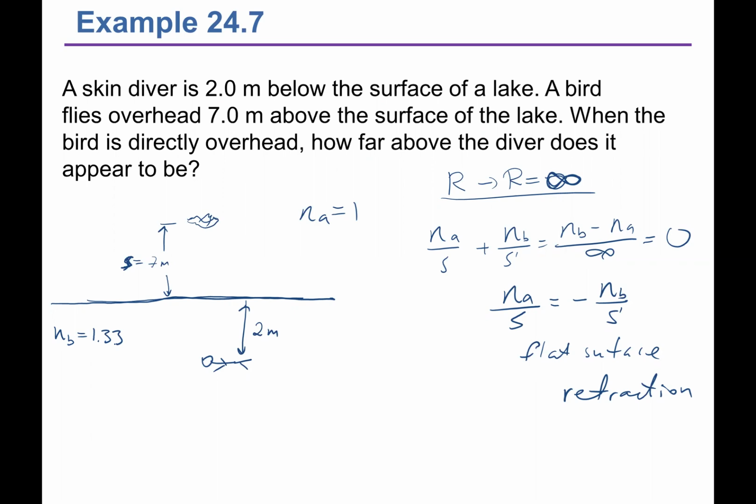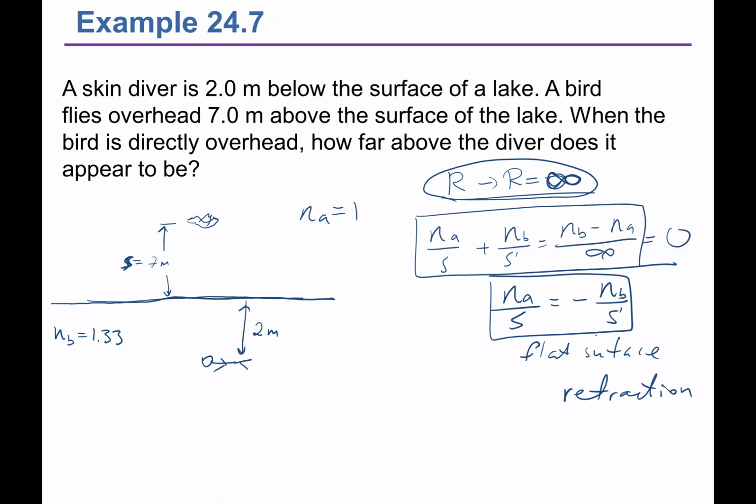All right, so then what will happen? Where will the image of the bird be? Well, we start with this equation and replace R with infinity, because we assume it's a flat surface. It's a lake, and the surface of the lake is flat. So then we end up with this equation, and what I want to find here is S prime.